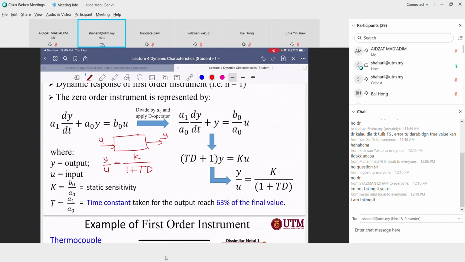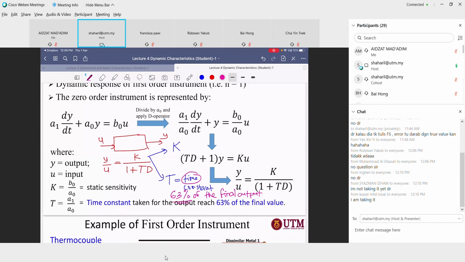On the first order, there are normally two parameters: k is the gain, and T is the time constant. Be careful with this word, it is time, not the value of voltage and so on. Time constant is where you get 60% of the final output.